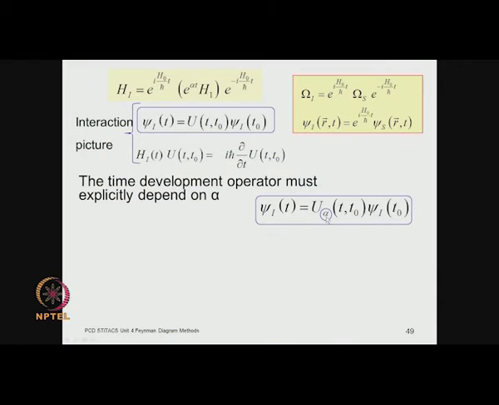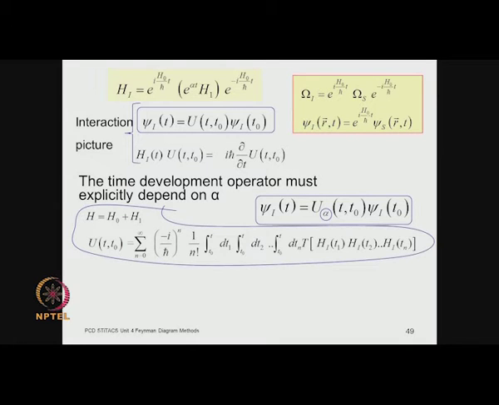So, this time evolution operator now will be written with a subscript alpha to remind us that a particular adiabatic mathematical switch alpha has been used.